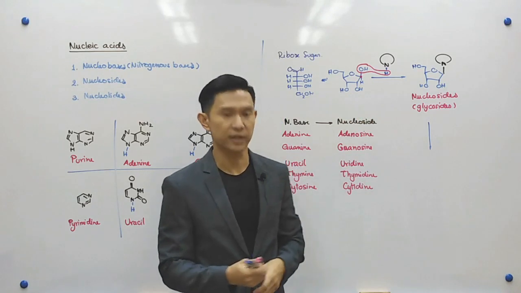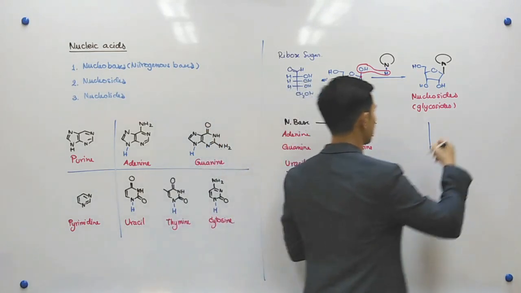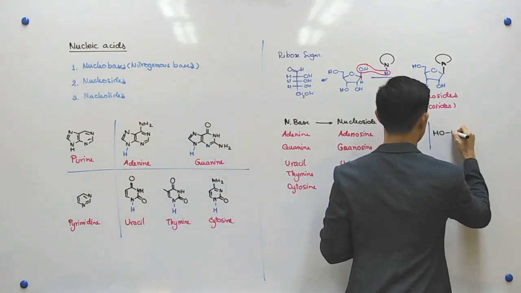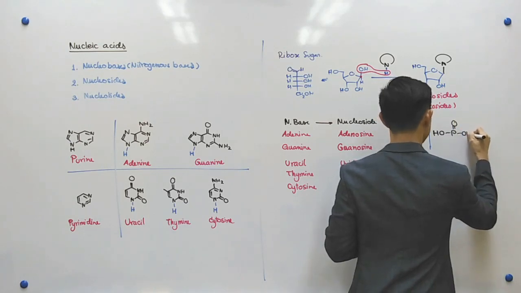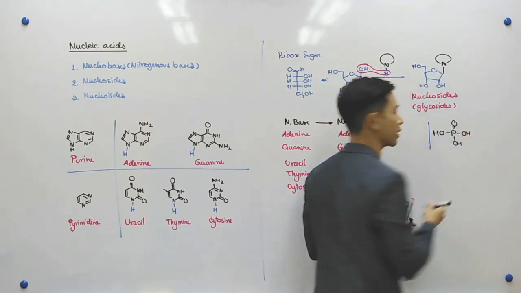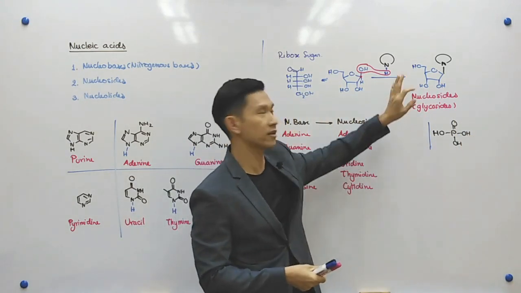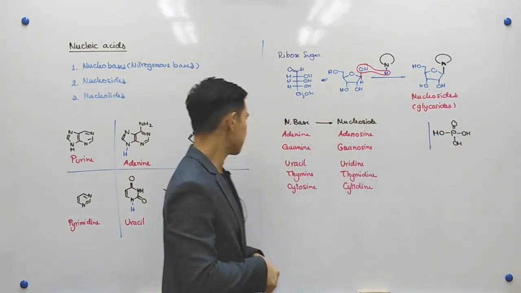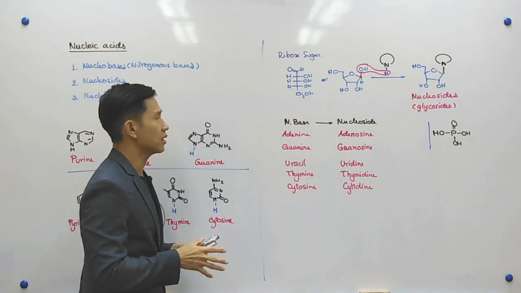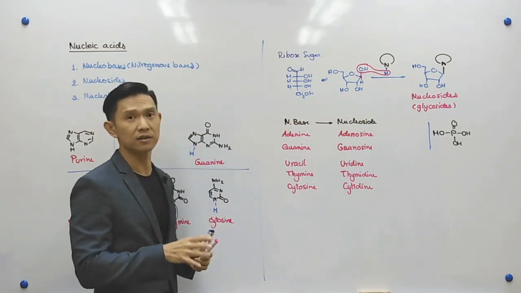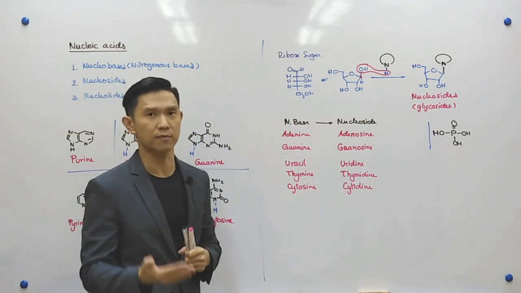Now, instead of carboxylic acid, we are using phosphoric acid. So this is the phosphoric acid. So this phosphoric acid reacts or condenses with the alcohol. So it's quite similar to the condensation between alcohol and carboxylic acid.